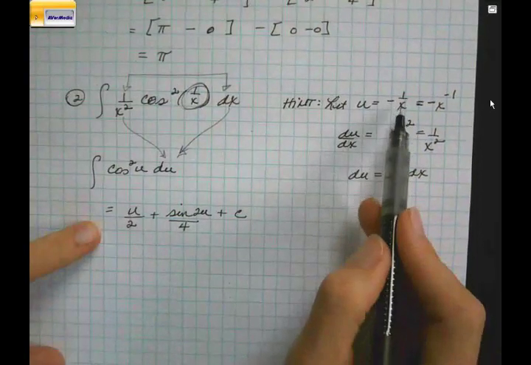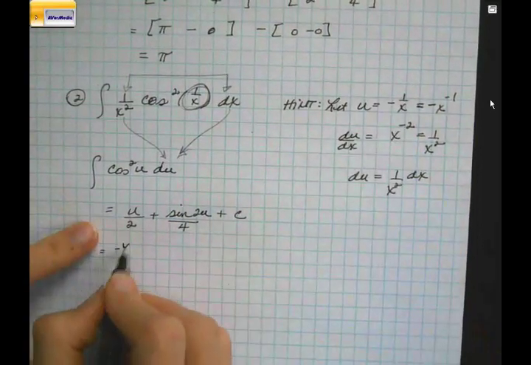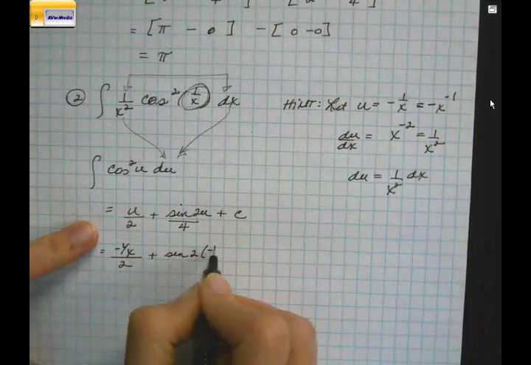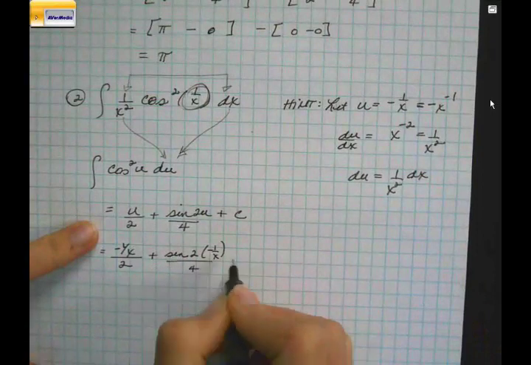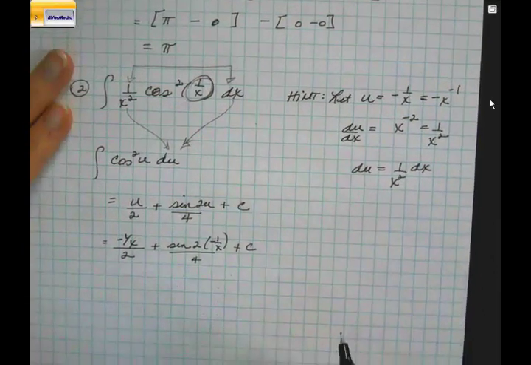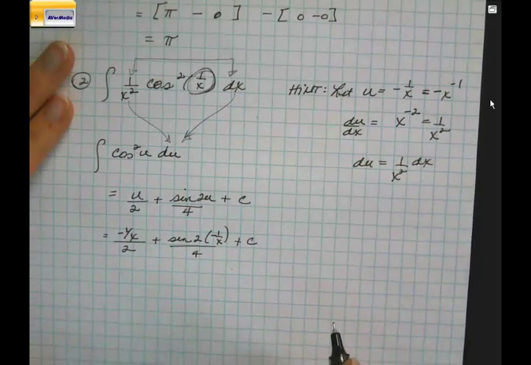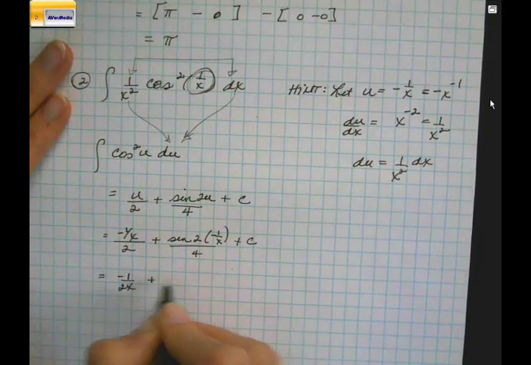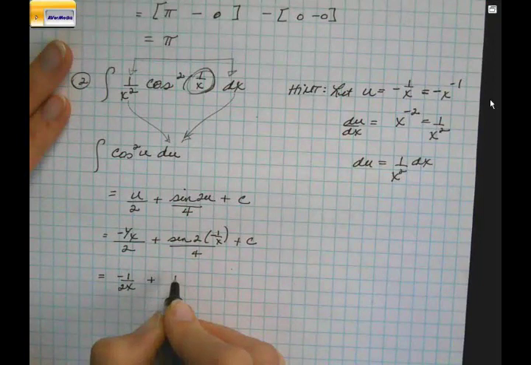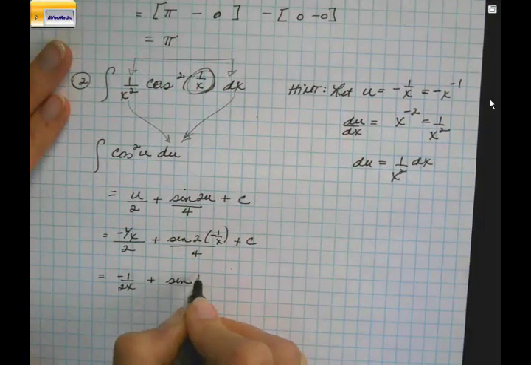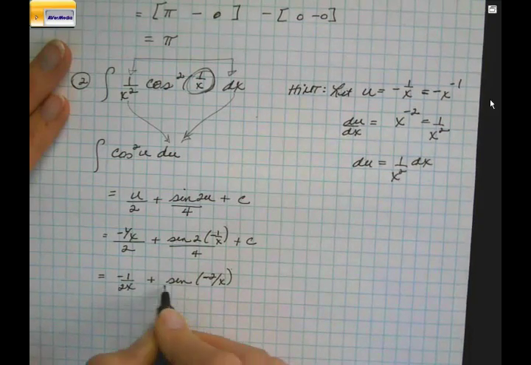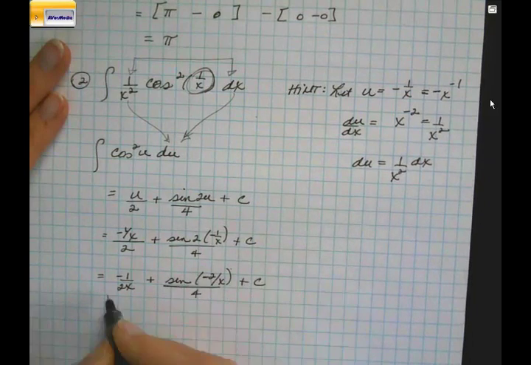And we say u is a negative 1 over x. So this is a negative 1 over x over 2 plus sine of 2 times a negative 1 over x all over 4 plus c. Which equals a negative 1 over 2x plus sine, there's not a whole lot we can do to this, a negative 2 over x divided by 4 plus c.